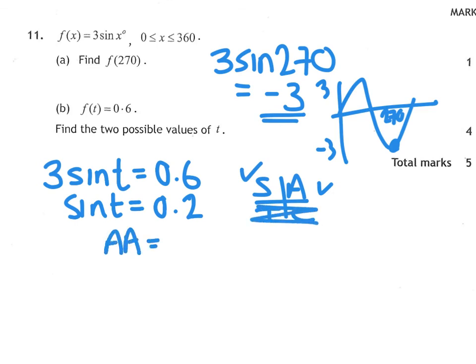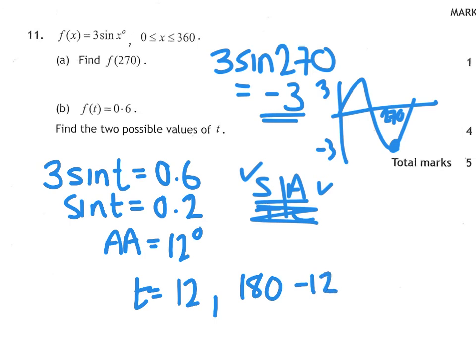So your acute angle is when you do shift sine of 0.2, which gives you 11.53. I always round it to one decimal place. So t is 12 from your all box, or 180 take away 12 from your other box. So t is 12 or 168 degrees.